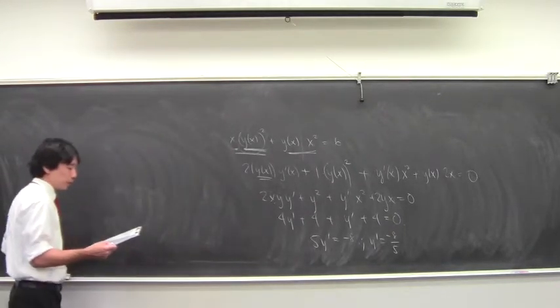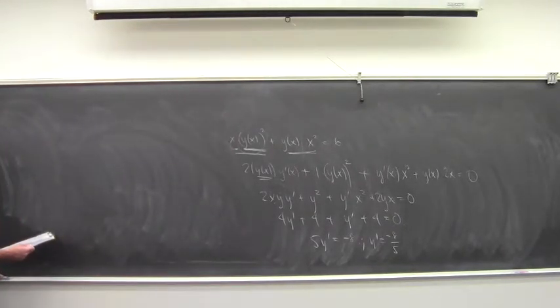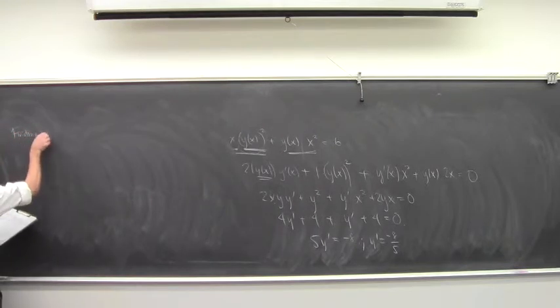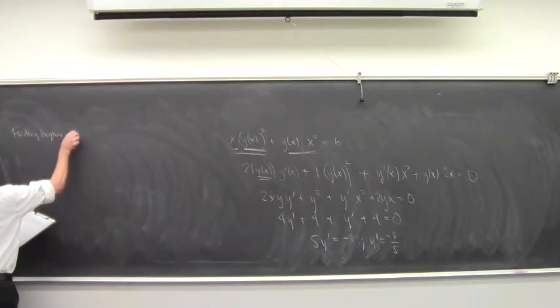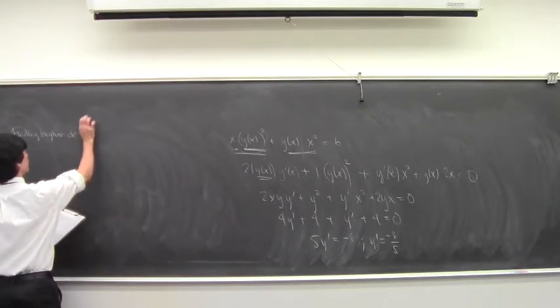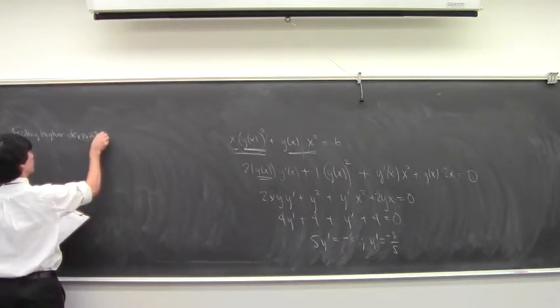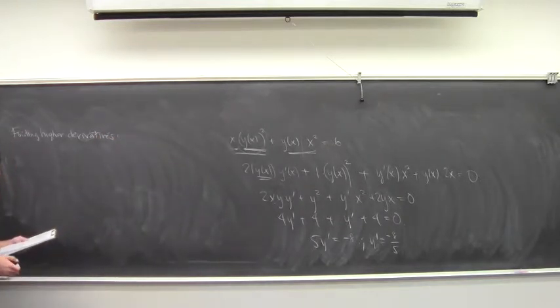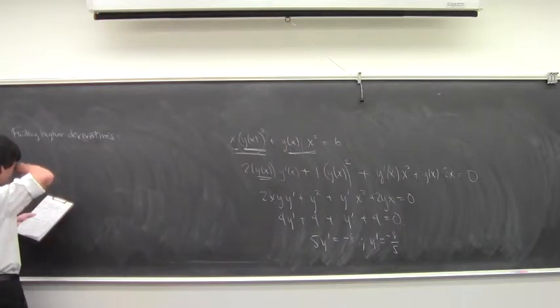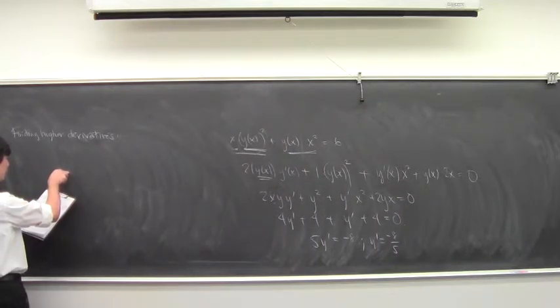Okay, so there's one last trick, which is finding higher derivatives using this method. I'm going to do a simple example, and I hope that this will be enough for you.